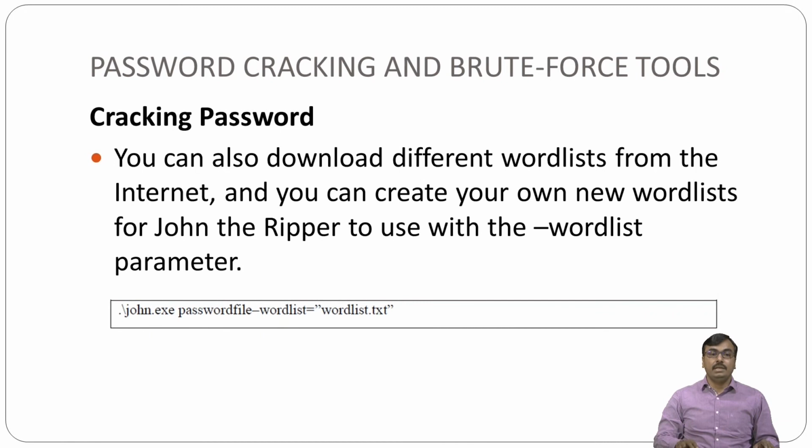In the command line, we are providing the password file with a parameter, and the parameter is word list. We also have to provide that file as wordlist.txt, whatever name it has, and through the word list we can crack the password.